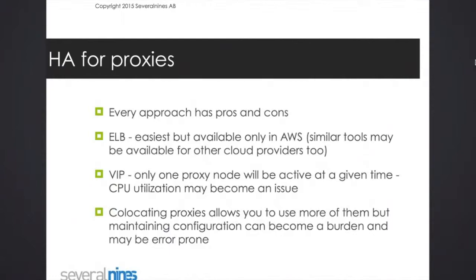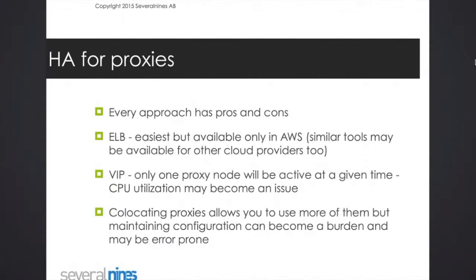With a virtual IP, the problem is that only one proxy node will be active. So we have an active-standby model, and therefore CPU utilization may be a problem at some point, like with MaxScale and read-write split on larger, higher traffic.